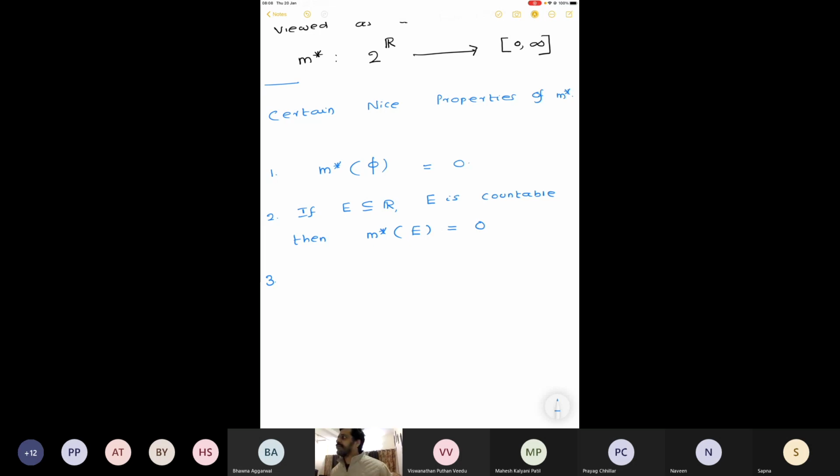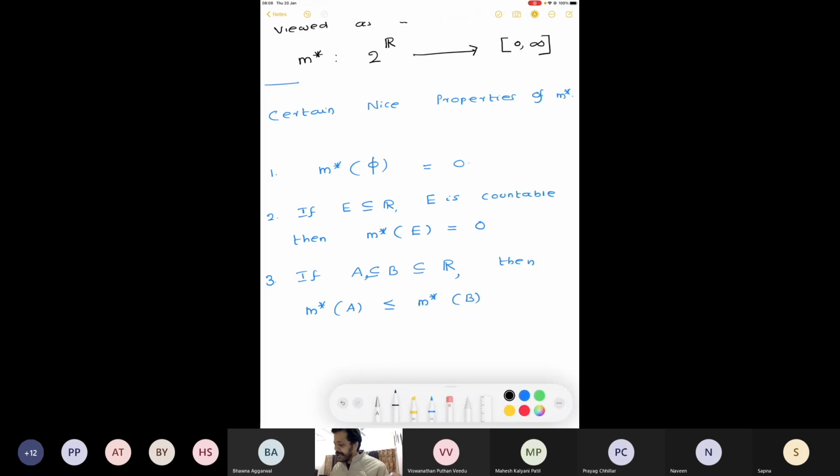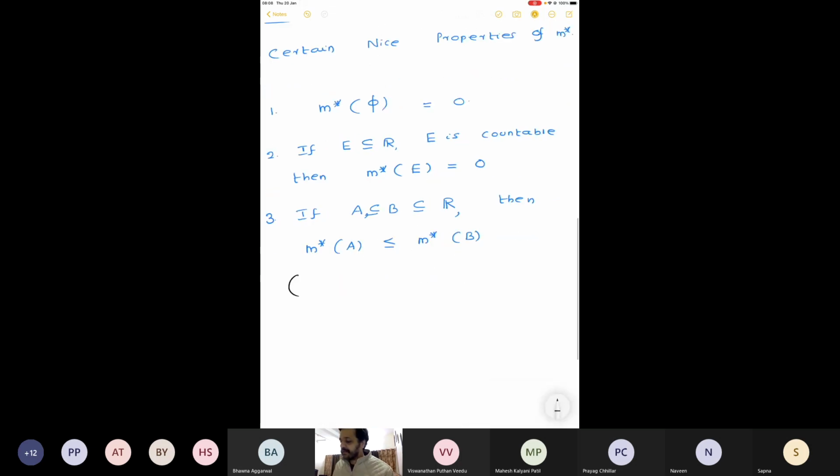Another nice property that we discussed was the following. If A and B are two subsets in R such that A is contained in B is contained in R, then M star of A, the smaller set, is less than or equal to M star of B. We express this by saying that M star is monotonic.